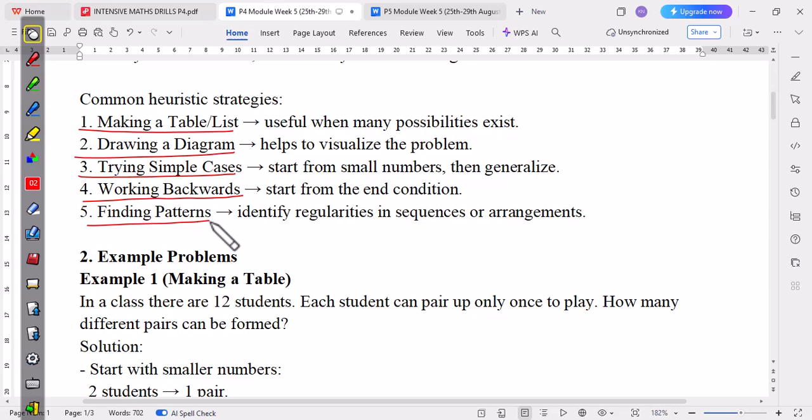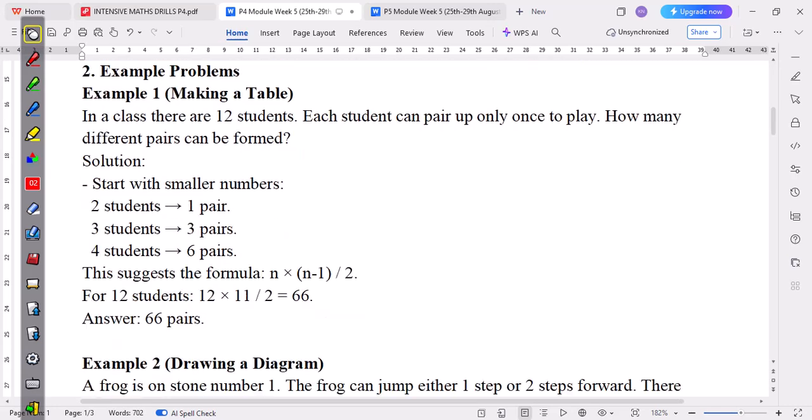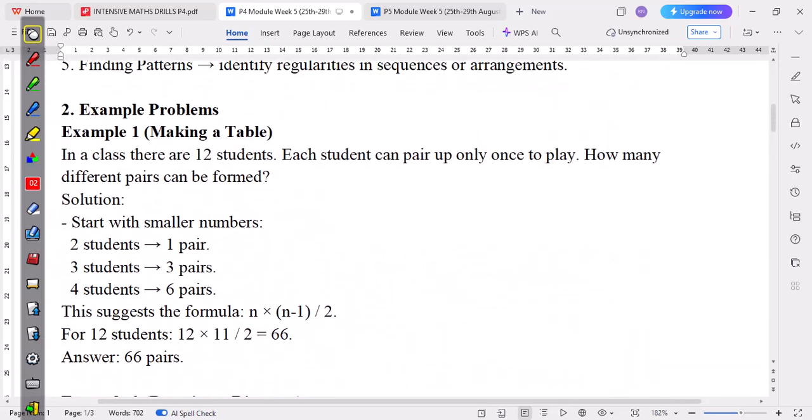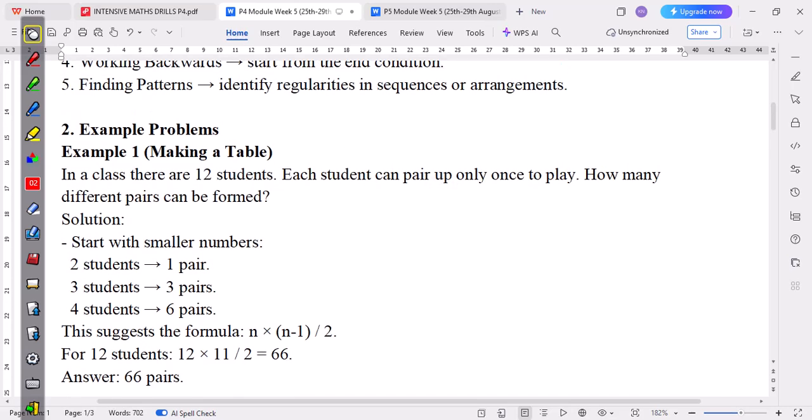Now the first strategy is making a table or list. Let's see this kind of question. Making a table.